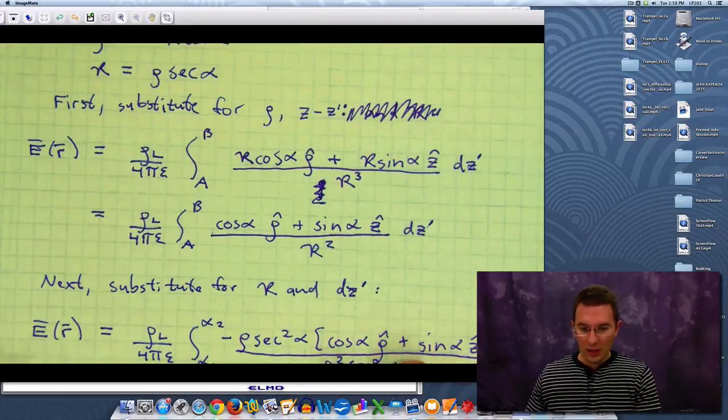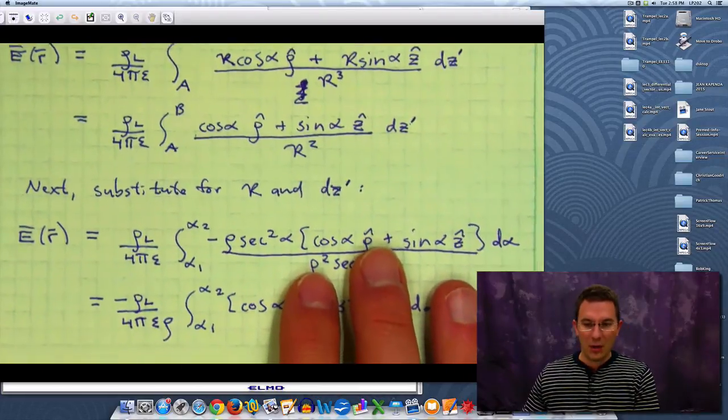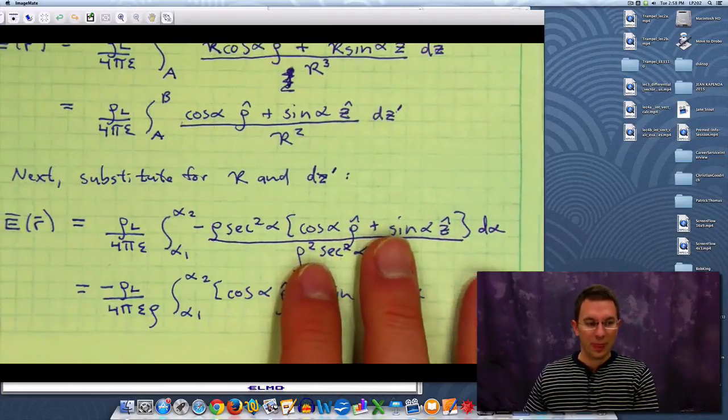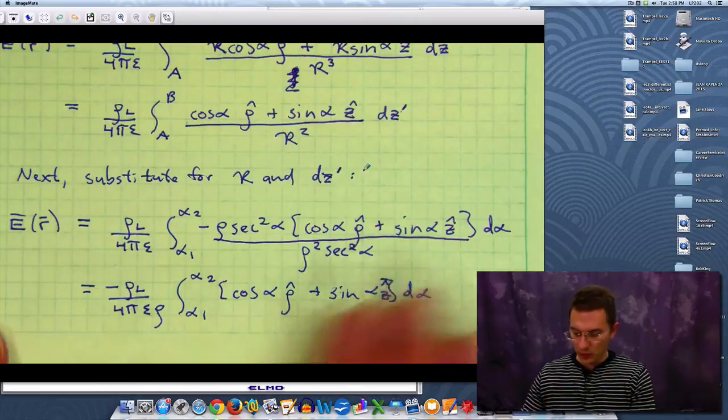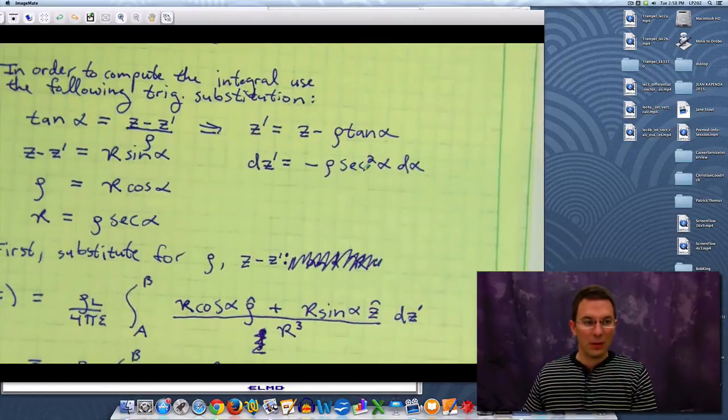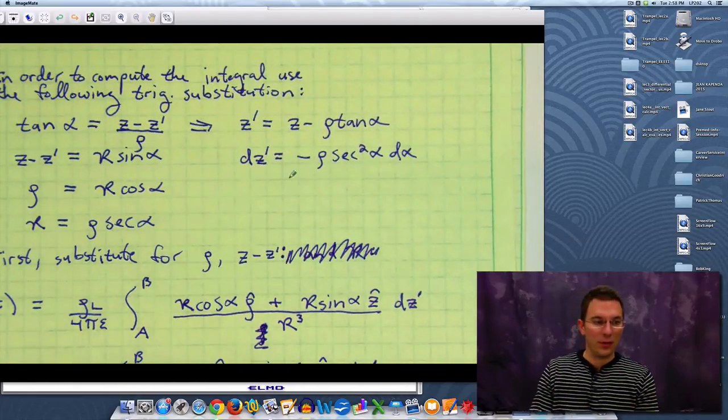Okay, the next step is now to go in and substitute for r and dz prime using these expressions right here. This is our expression for r. We're going to make this substitution for r, and we're going to make this substitution for dz prime.